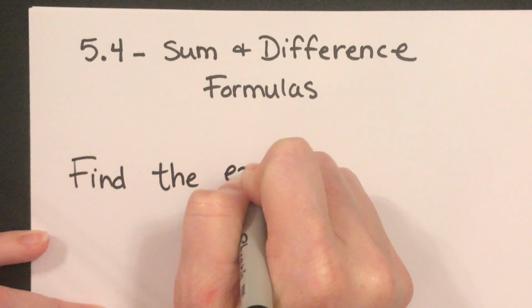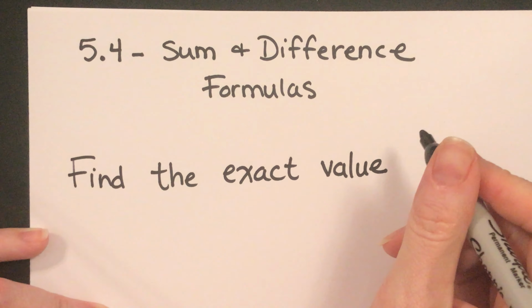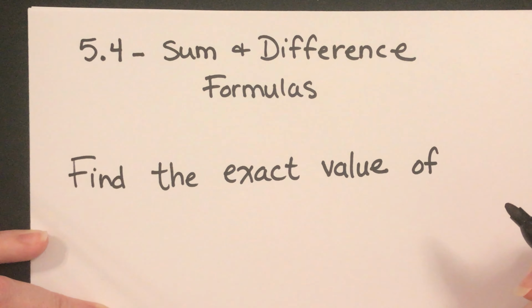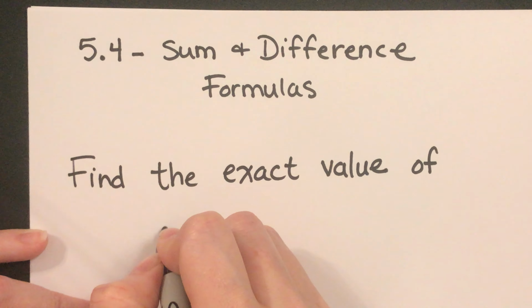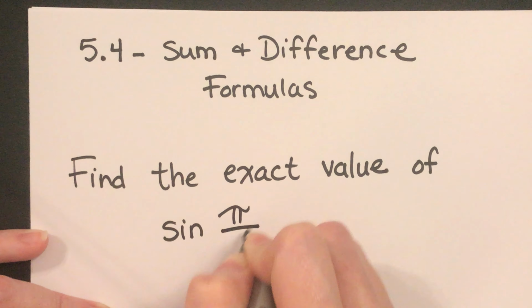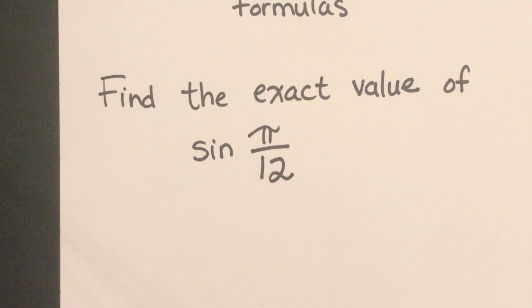All right, so let's say I told you to find the exact value of sine of pi over 12. All of your homework problems are going to be working with twelfths. I don't know if there are other numbers you can actually use for this, but all the homework problems seem to only be dealing with twelfths.